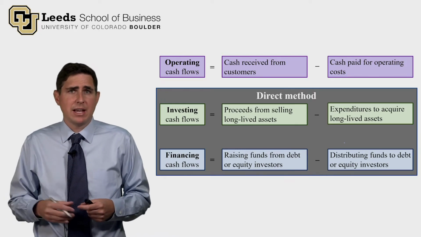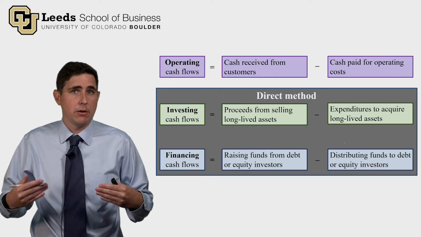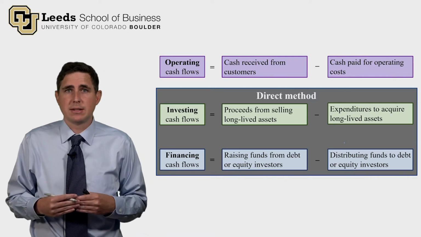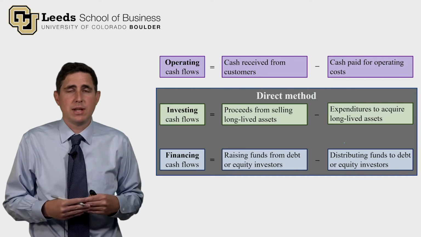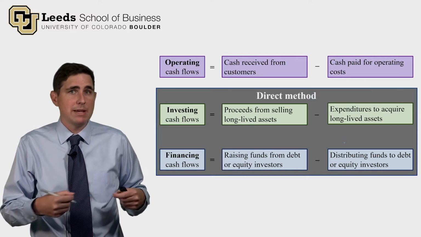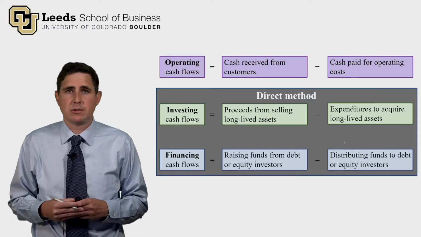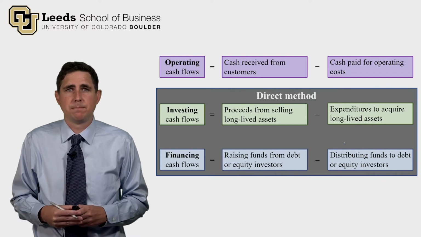You will see lines on the cash flow statement that say they are proceeds from selling long-lived assets, for example, or expenditures to acquire long-lived assets. In the financing section, you'll see captions saying something about raising funds from debt or equity investors or distributing funds to debt or equity investors. So it's a very obvious presentation on the cash flow statement.